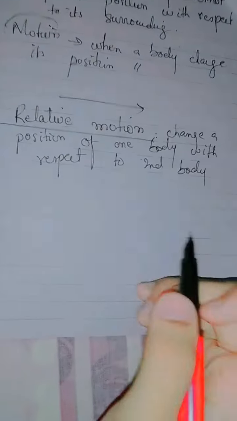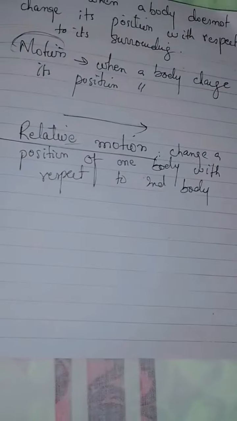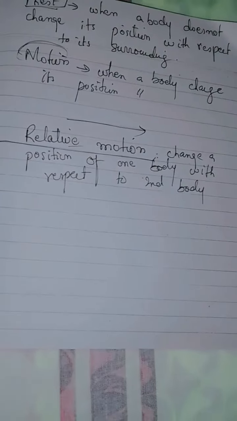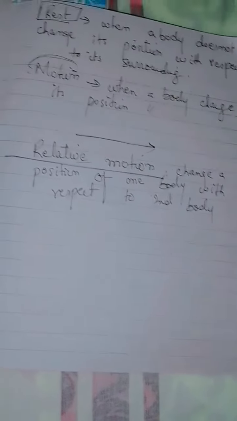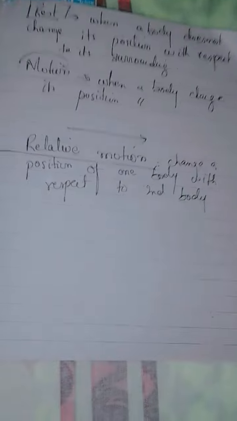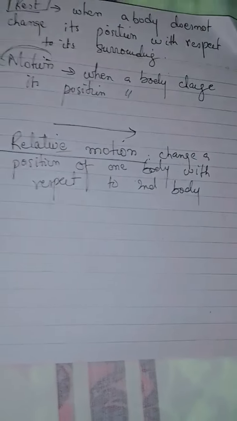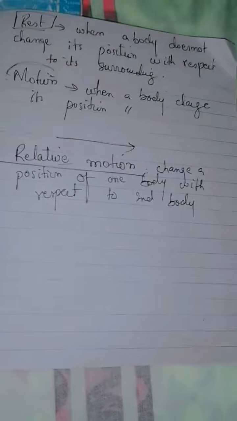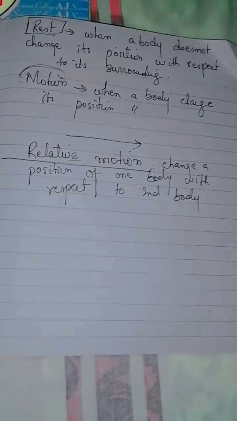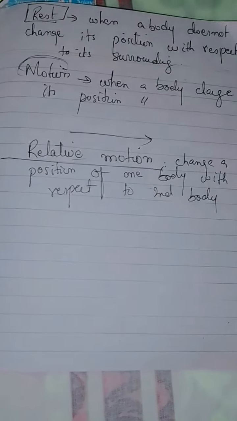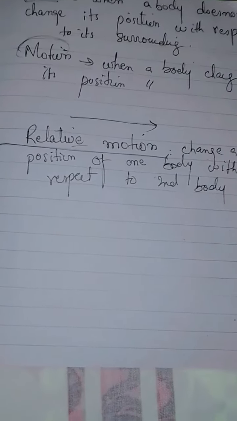For example, if a person is moving in a car, according to that person he himself is not moving, he is not changing his direction, so he will be said to be in rest. But if outsiders see him, they will see that the car is moving. According to them, the person inside the car will be in motion because the car is moving, but according to him, he is in rest.